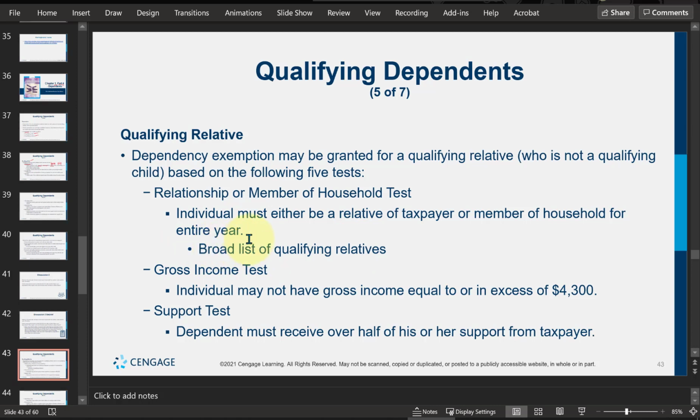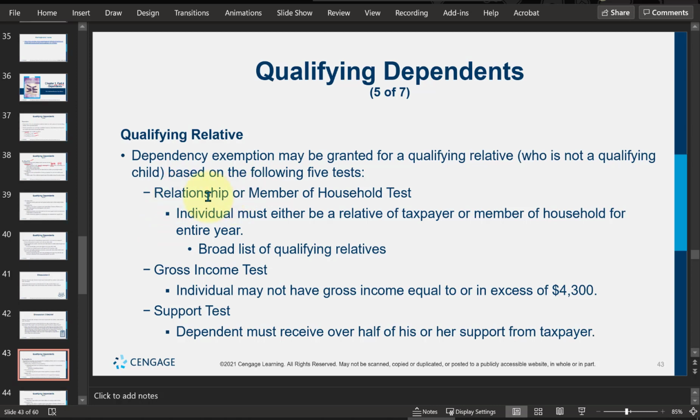This could also be a non-blood, non-marital relation. Yeah, it could even be your boyfriend or girlfriend being a member of the same household, and you may be able to claim them as an other related dependent, meeting this test and a few other tests we'll see here.